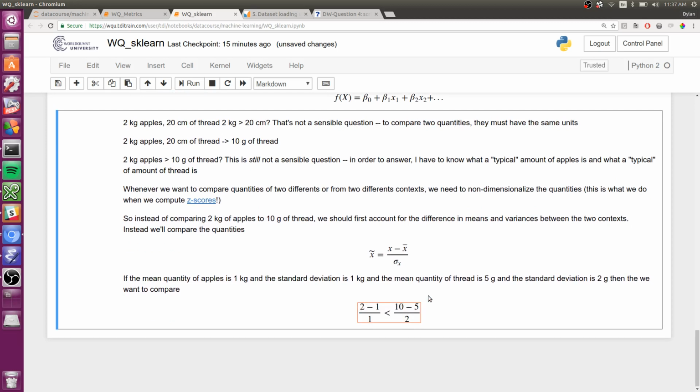We have our 10 grams of thread, we subtract off the mean and divide by the standard deviation. So over on this side we have 1, and over on this side we have 2.5.